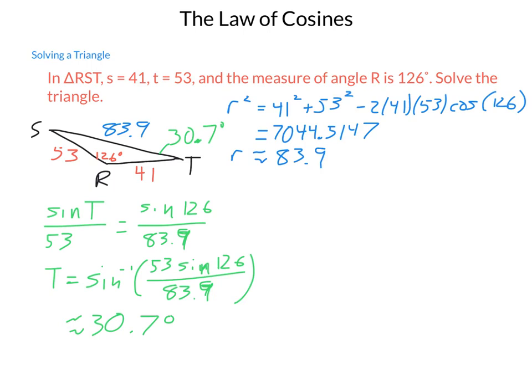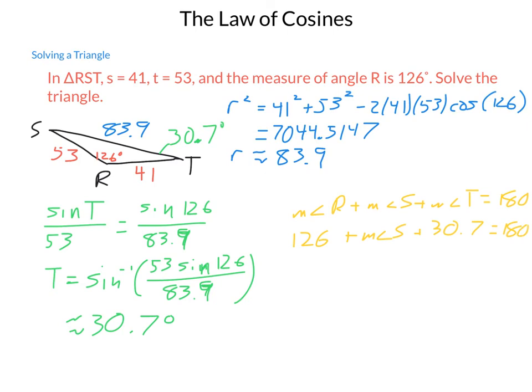Now for angle S, I could repeat this process, or I could carry through and simply use the fact that the angles inside of a triangle add up to 180 degrees. So the measure of angle R plus the measure of angle S plus the measure of angle T equals 180. And I have 126 plus the measure of angle S plus 30.7 equals 180.